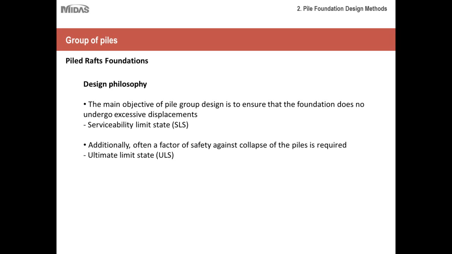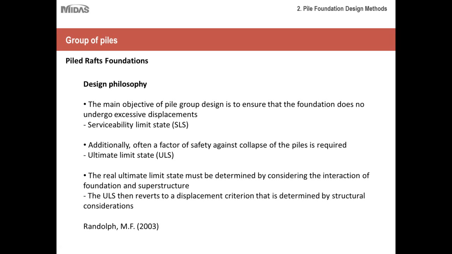Now, depending upon the code of practice and the standards that you're using, you sometimes need to check both the serviceability and the ultimate limit state for the design of the pile. And most of the time, in order to capture the real ultimate state, you must consider the interaction of the foundation with the superstructure. And this ultimate limit state then reverts to a displacement criterion that is determined by structural considerations.